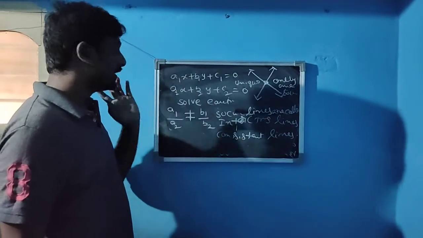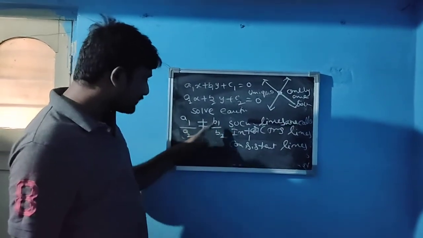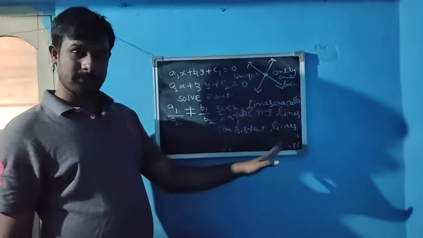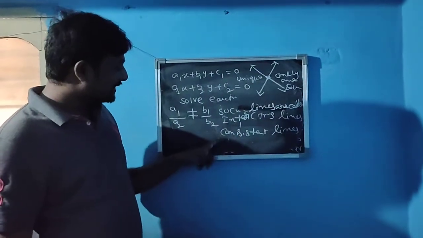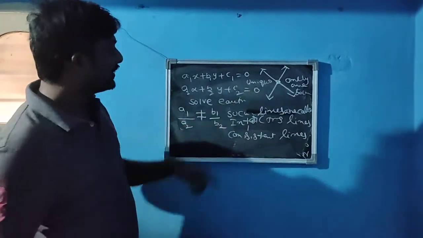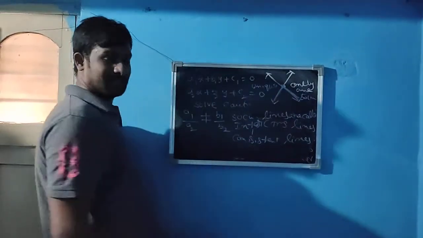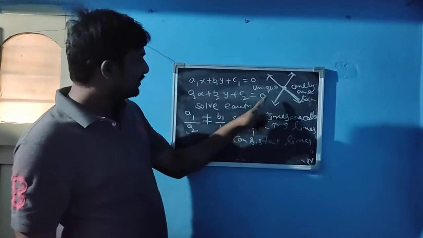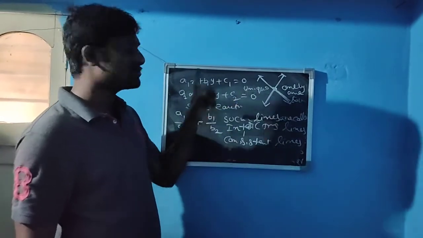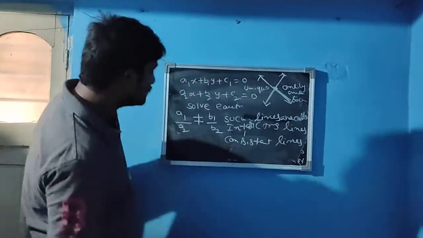How can you solve the pair of linear equations? Whenever a1 by a2 is not equal to b1 by b2, such lines are called intersecting lines, also called consistent lines. The graphical representation of intersecting lines has only one solution, a unique solution. Unique means one solution.